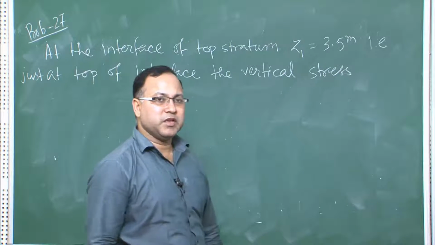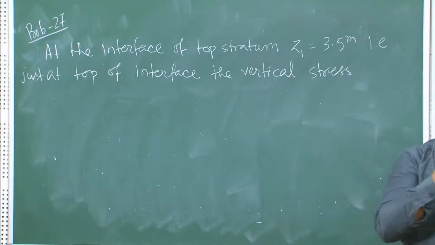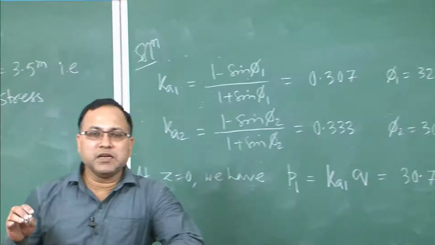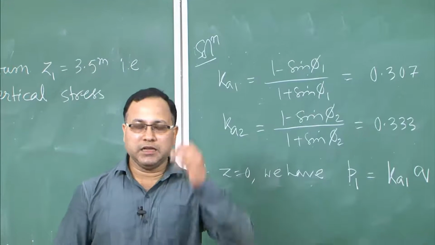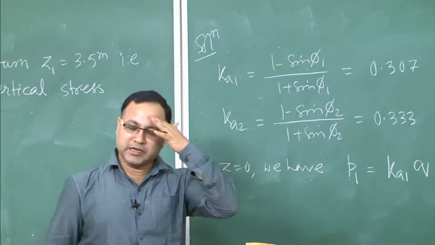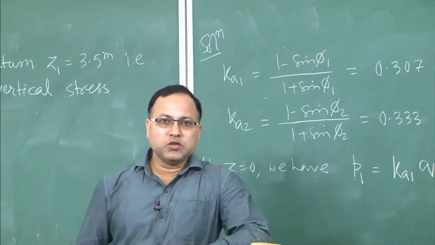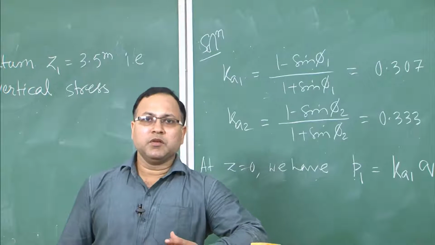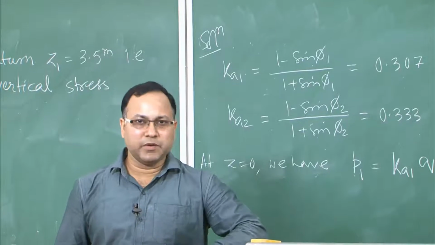Just top of interface means, so interface is happening at the depth of 3.5 meter, interface between two layers. Okay. So, soil 1 is extending from z equal to 0 to z equal to 3.5 meter, and soil 2 is extending from z equal to 3.5 to z equal to 7 meter, right.